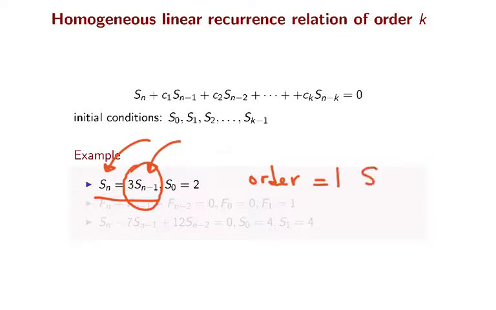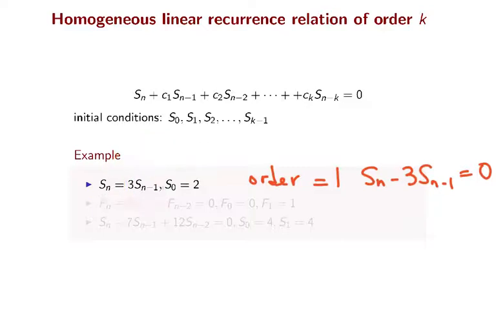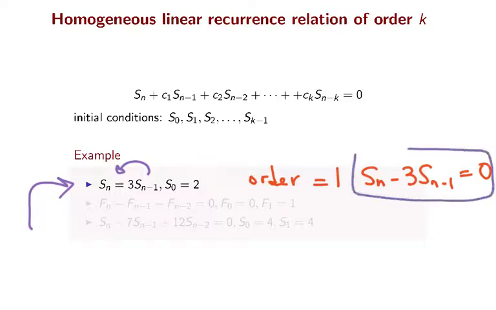We can write this as Sn minus 3 Sn minus 1 equals 0, putting everything on the same side. So we have the equation written in a homogeneous linear form, and the order of this recurrence is 1. And that's why we have only one initial condition.